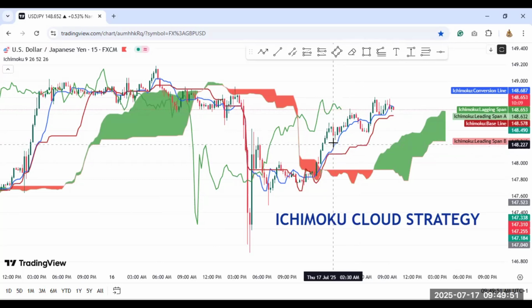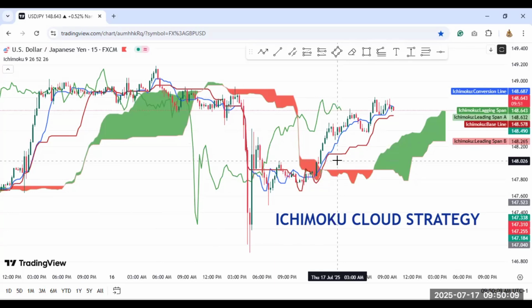Whenever you see the blue line above the red line, it is telling you there is an intention to buy. I said an intention. I didn't say you must buy. If you see the blue line below the red line, there is an intention for you to sell. That is the use of the baseline. It is just like a base, a standard.